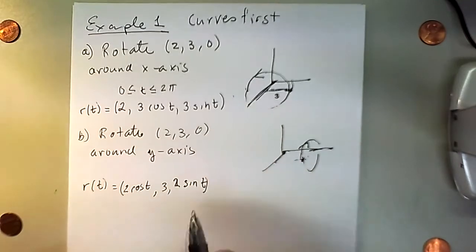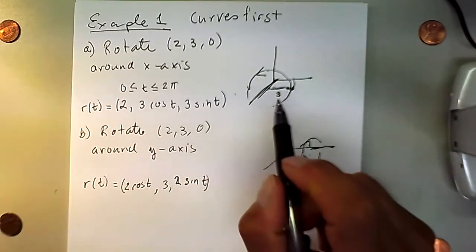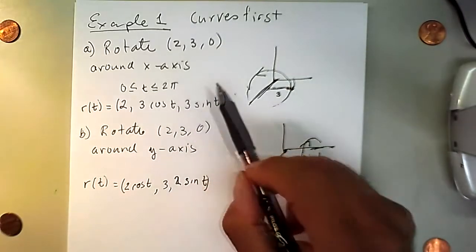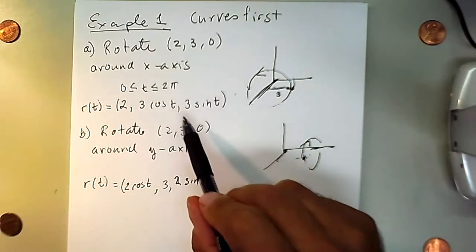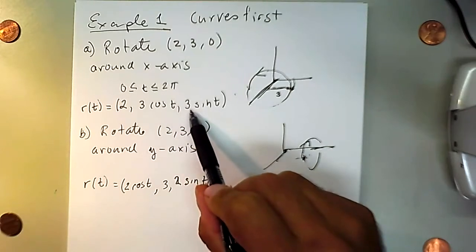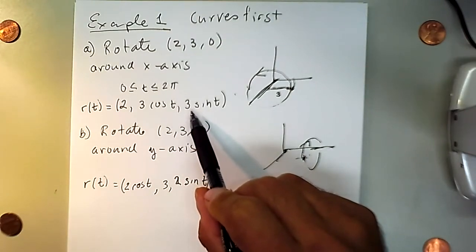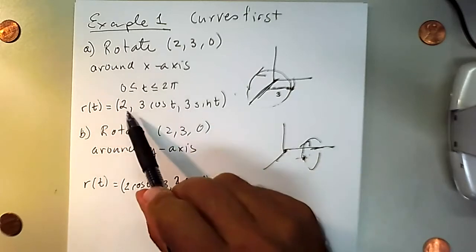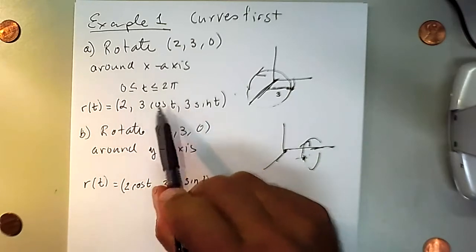Okay, start contrasting these examples because it is important that you know what is going on. Because, for instance, here we kept the 2 constant and the 3 showed up twice.